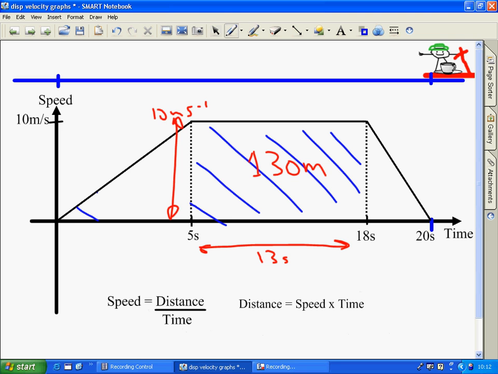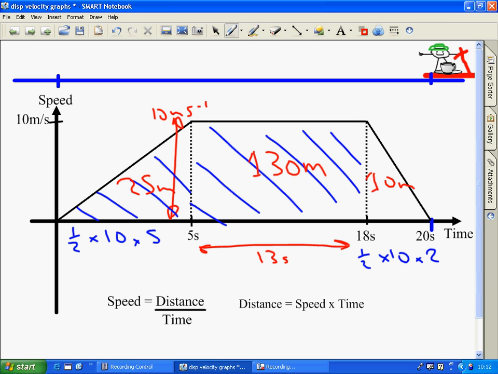So for this section here, distance travelled would be a half times the speed of 10 times the time of 5, so that's 25 meters. And for the other section, we have a half of the speed of 10 times the time of 2, which gives us 10 meters.